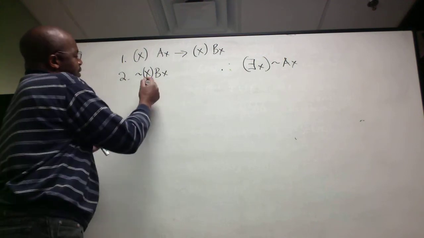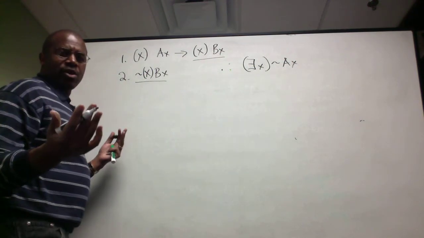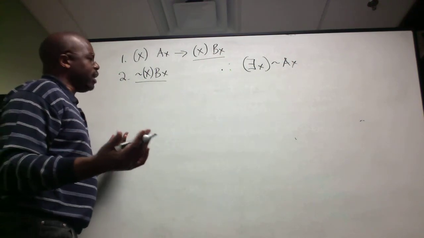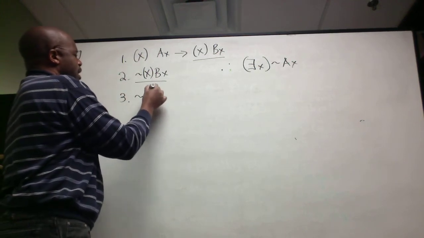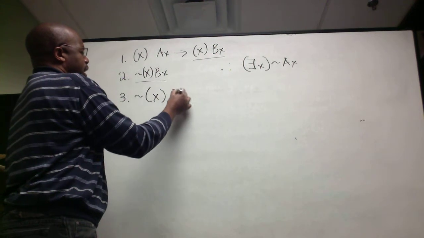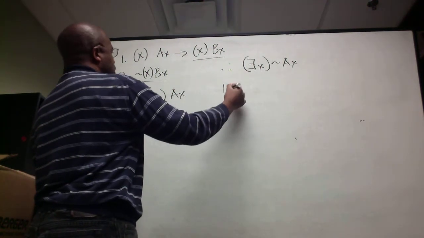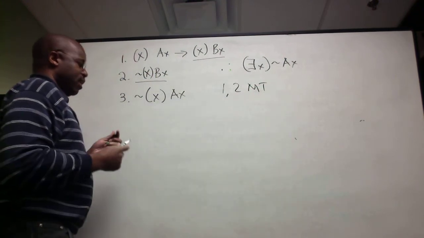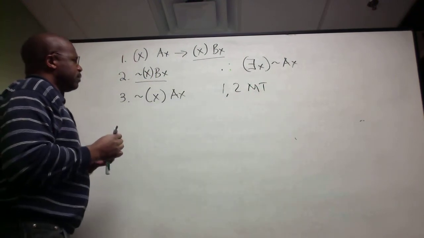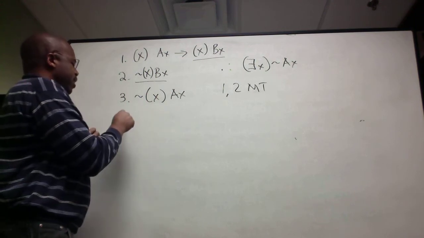Notice that since this is a direct negation of that, you can do modus tollens with it. You can. And this is what you're left with. Not x, Kx. So you say 1, 2, modus tollens. And then simply do quantifier negation there.